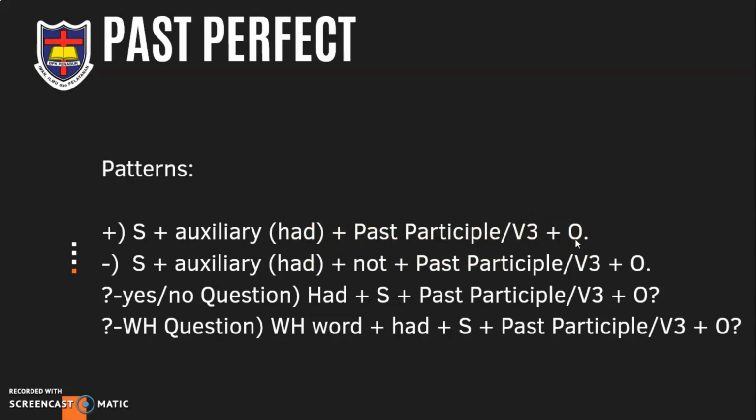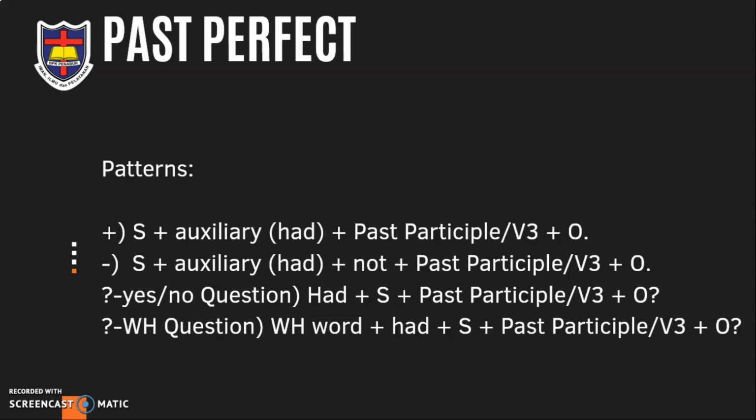You can add a few complements like time signal, adverb, and so on. For negative, just put not after had, or you can write it as hadn't, then past participle or verb 3, and then object, complements, adverb, and so on.